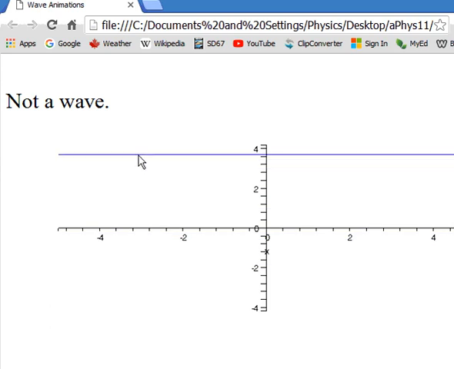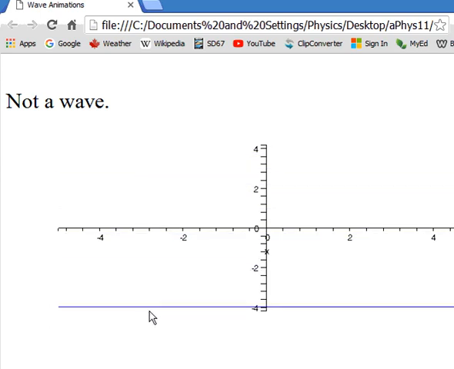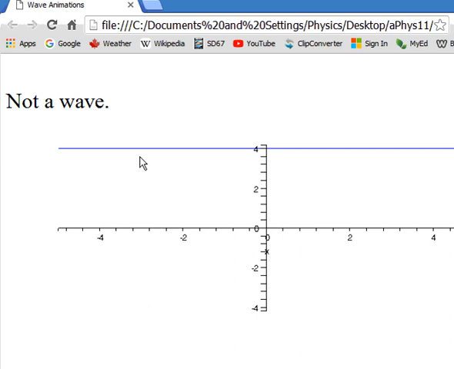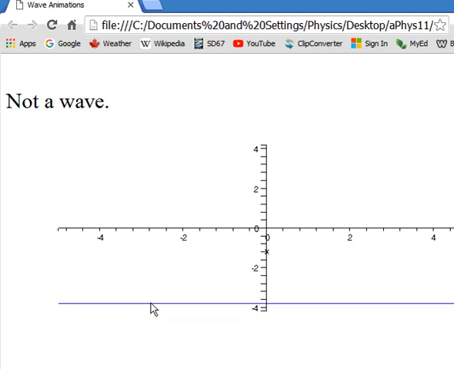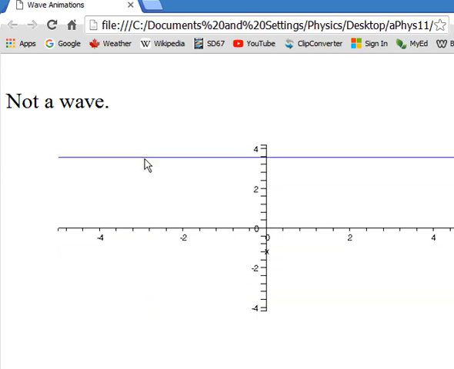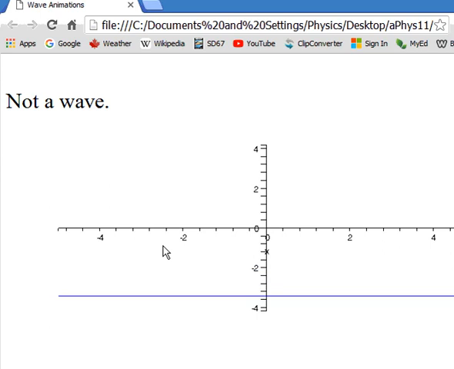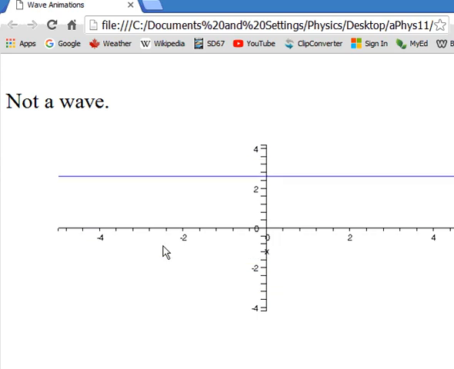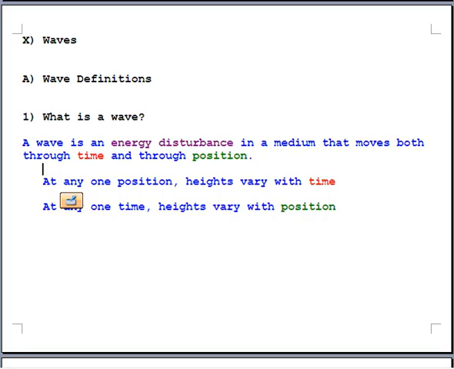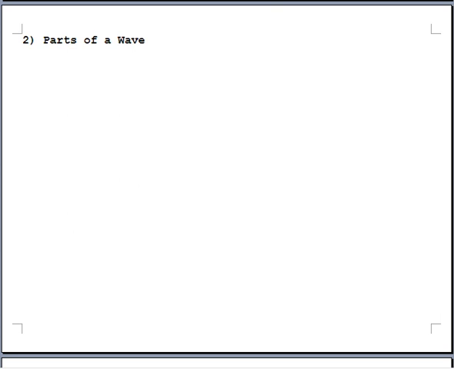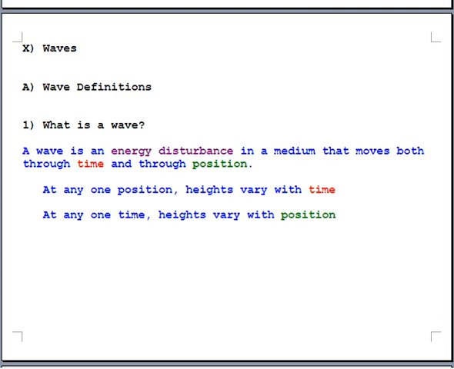If you pick one spot and watch it over time, then that one spot is changing in height, so it satisfies that first requirement. But then if you pause it at any one time, it would fail the second requirement, which is to have various heights. So at any one time, heights have to vary with position. That just gives us an idea where we're going with this chapter. So don't worry about regurgitating that on a test for me.